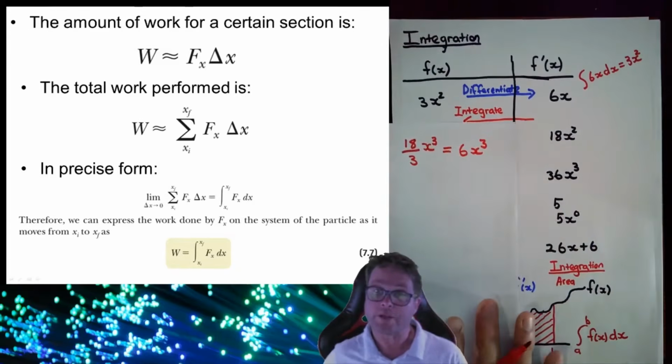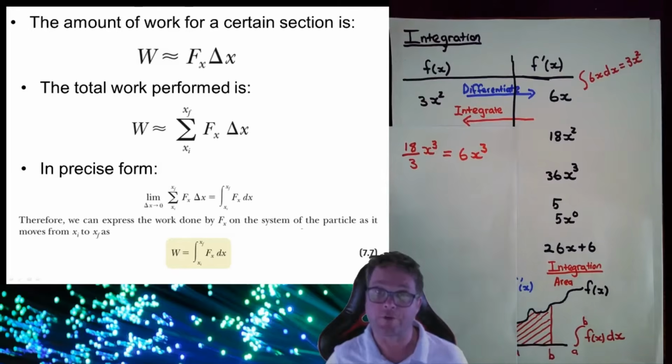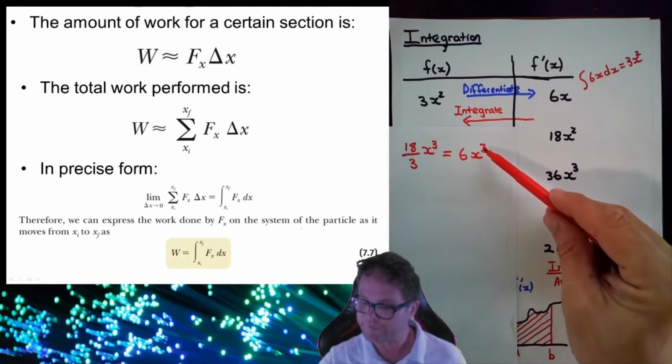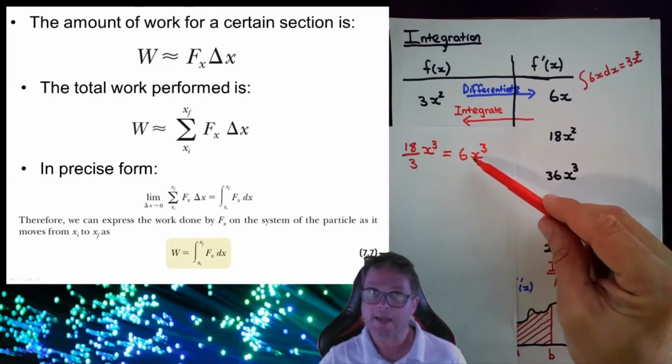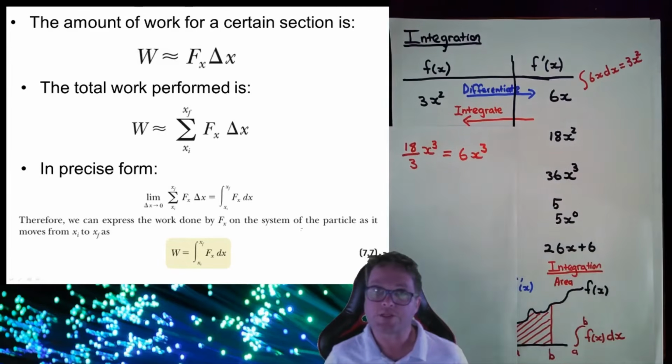We can check if we've performed the integration correctly, and a very simple way to check is by differentiating this. If I differentiate this, it becomes 6 times 3 is 18x squared. So this shows that we have performed the integration correctly.